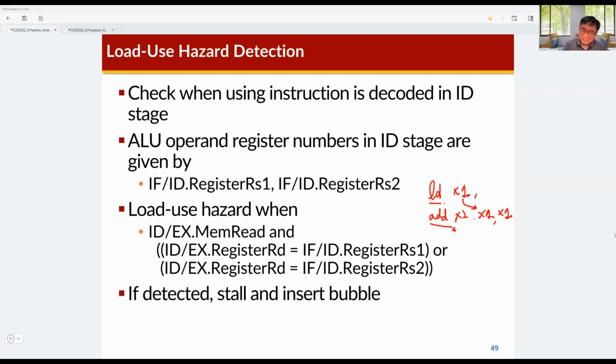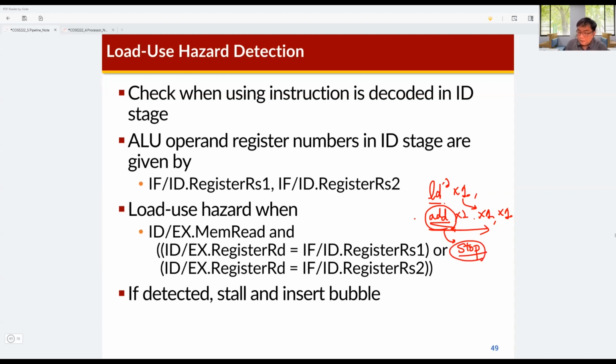So in this case, the add instruction needs to be stopped and wait until the result of the load instruction is generated. Okay, so I said the add instruction needs to be stopped.